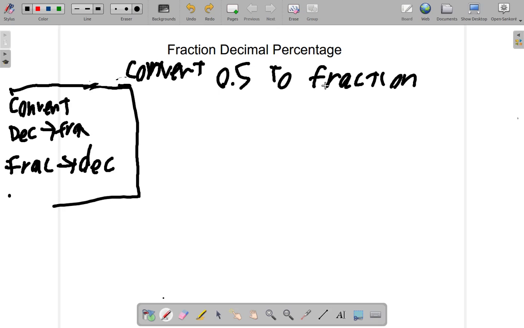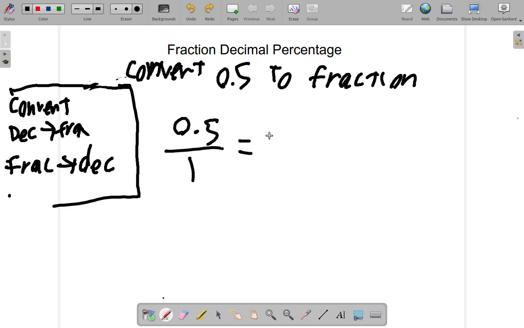If you convert 0.5 to a fraction, you first of all write it as 0.5 divided by 1. Then you don't want any more points. You want whole number over whole number, integer over integer. You must multiply the 0.5 by a number to make it a whole number.